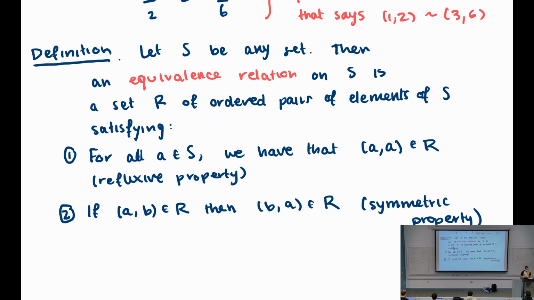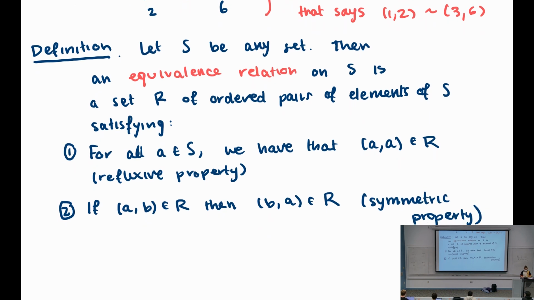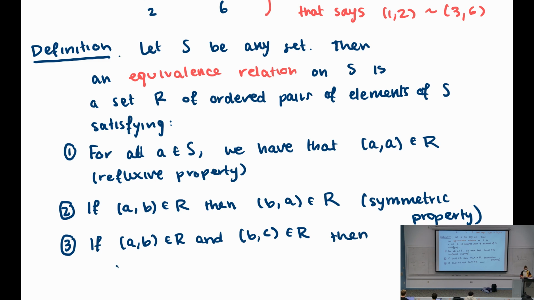And then the third and final property is called the transitive property. So if the pair A comma B is in R and the pair B comma C is in R, then so is A comma C. This is in R as well, and this is called the transitive property.